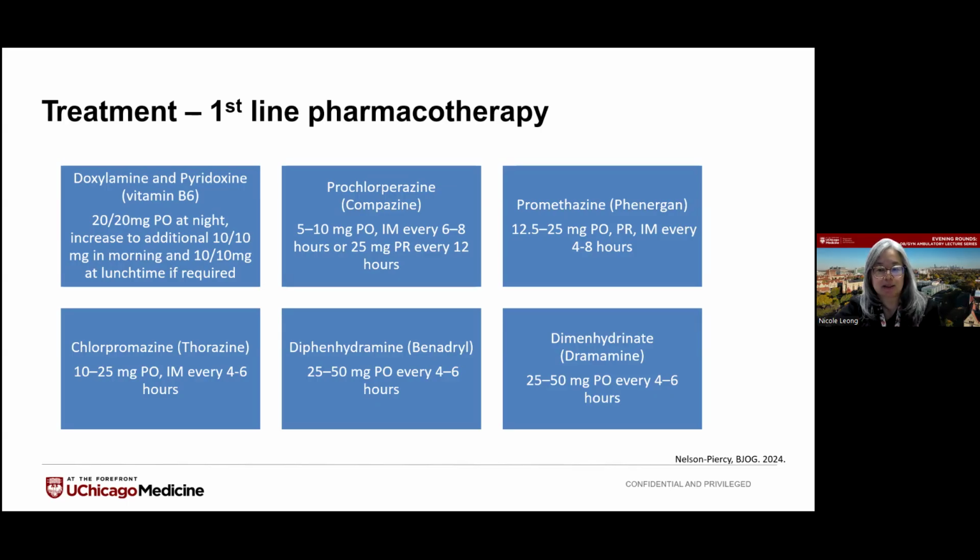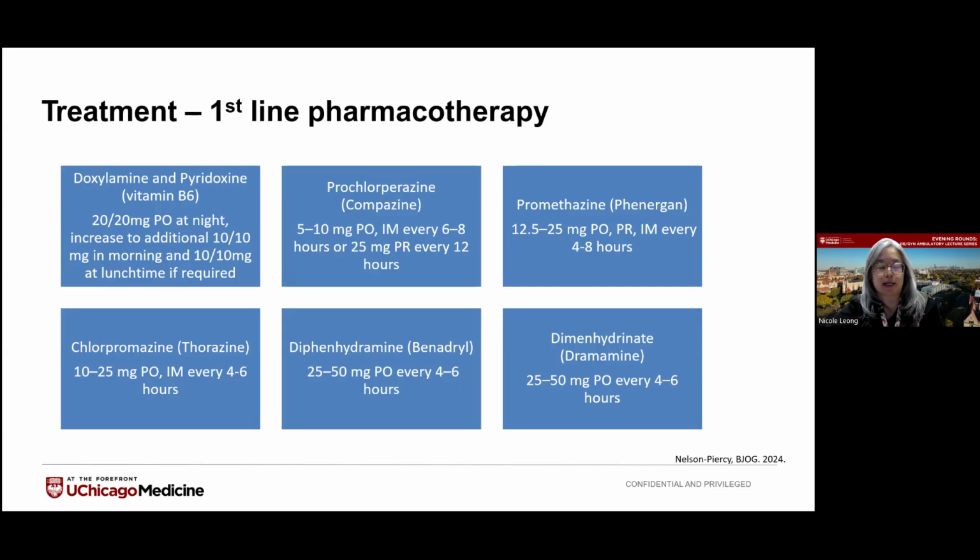So a lot of these are over-the-counter medications that could be tried, as well as given as a prescription. These are kind of our first line treatments, the antihistamines, and then these other medications, which are dopamine receptor antagonist drugs. Some of the research does show that they can be effective, but like I said, there is not a whole lot of really robust research on which one to choose first.